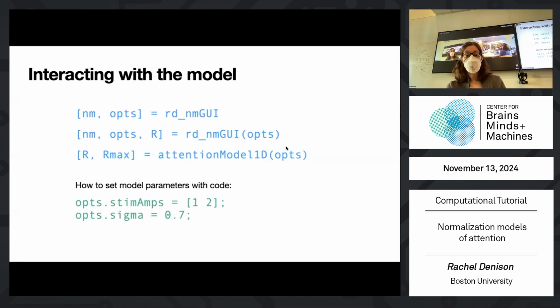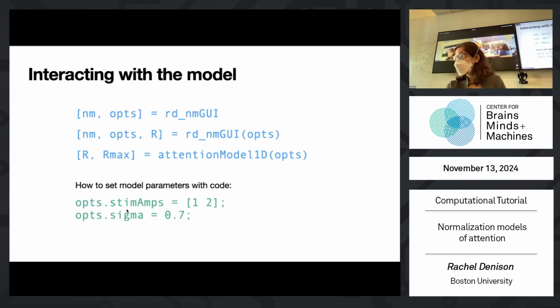If you want to set model parameters with the code, you can make this option structure. For example, if you want to set different stimulus amplitudes, we can put a little vector with the stimulus 1, stimulus 2 amplitudes. If you want to set the sigma, you can set the sigma like that, and then you just put it as an argument either into attention model 1D or into the GUI, and you'll see that it should change what's shown at the beginning.